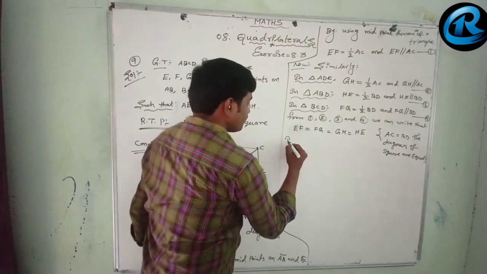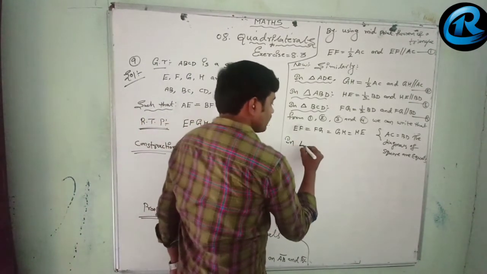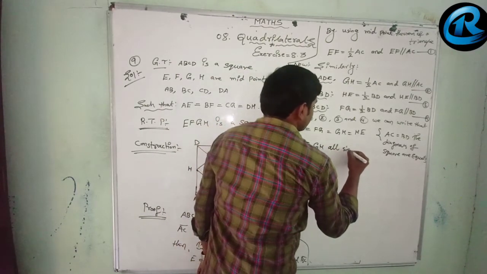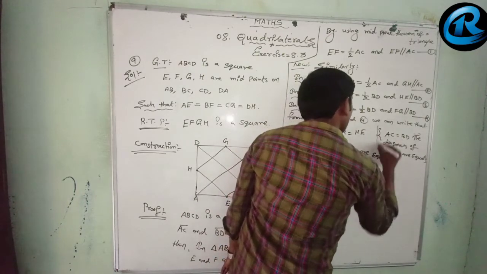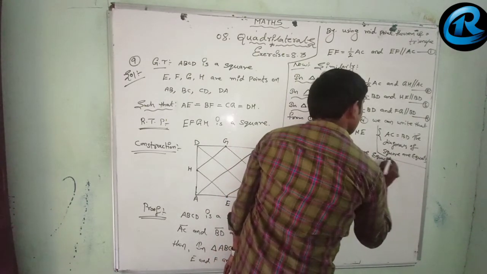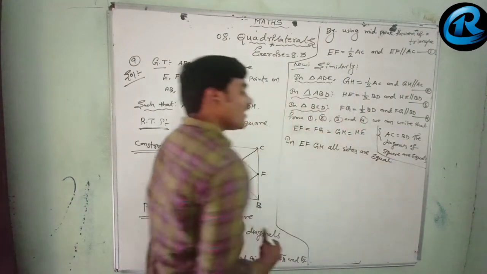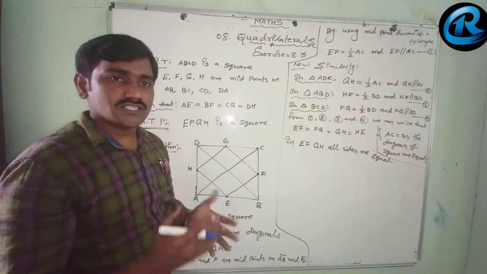Now in EFGH all sides are equal. So if all the sides are equal then it is called a square?